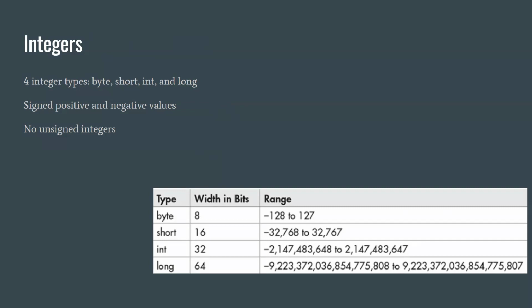So byte, because it's 8 bits in size, can only represent from negative 128 to 127. Short, because it's 16 bits, will be able to represent negative 32,768 to 32,767. And because int has 32 bits, it will be able to represent bigger numbers.